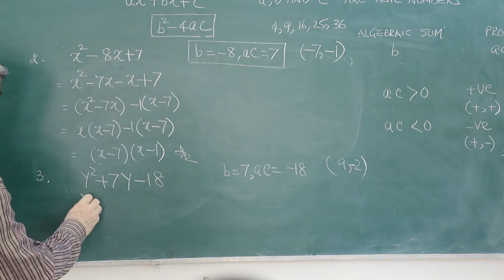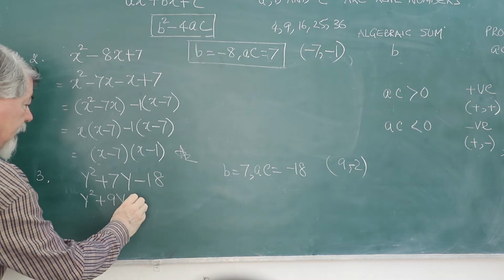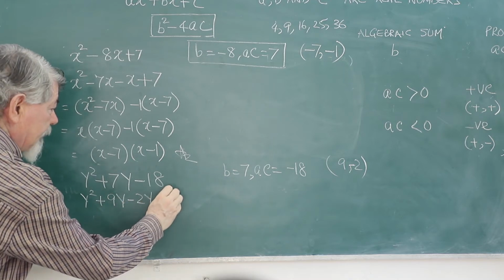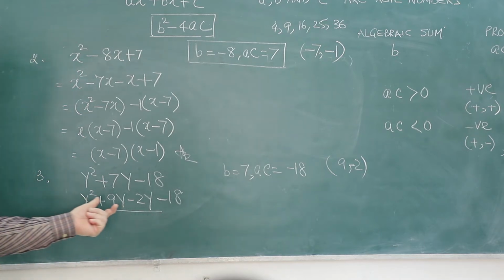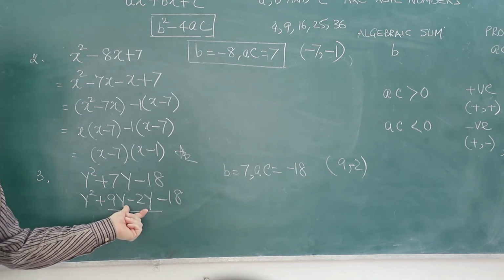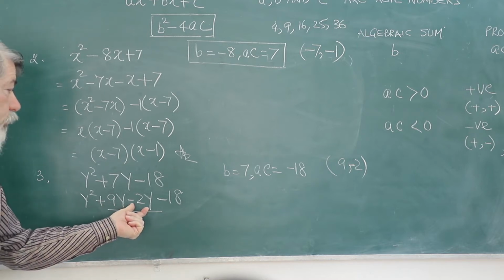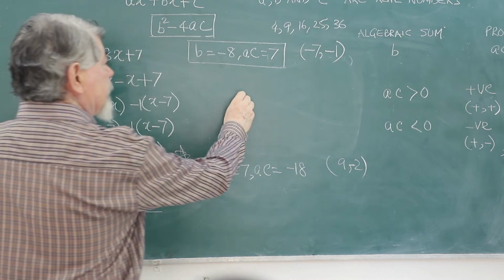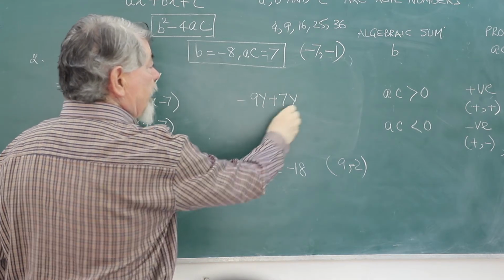So what will I do? y square plus 9y minus 2y minus 18. We had said that the algebraic sum should be, 9y minus 2y is 7y. I did not write minus 9y plus 2y. Why?